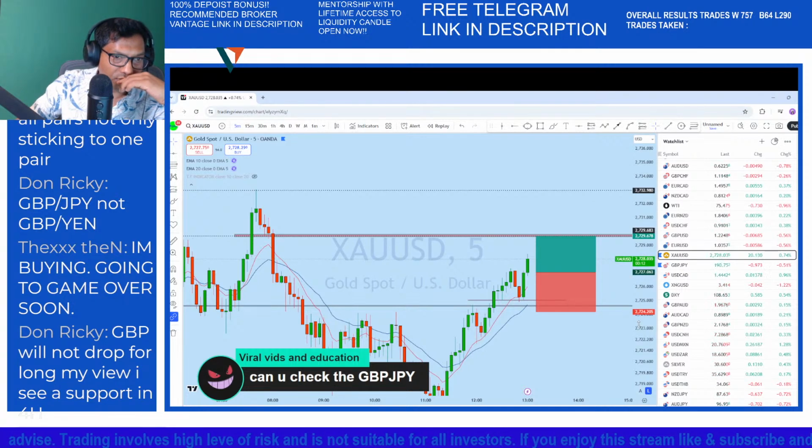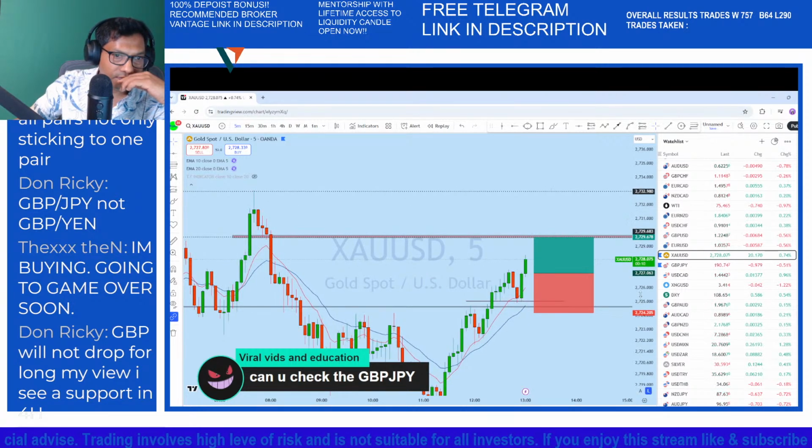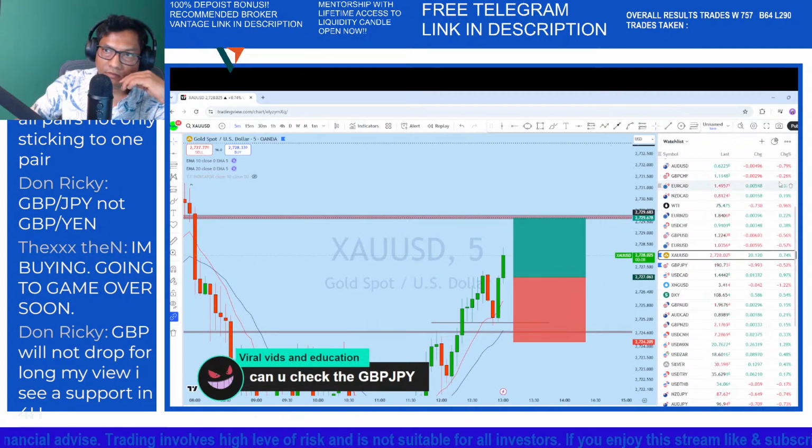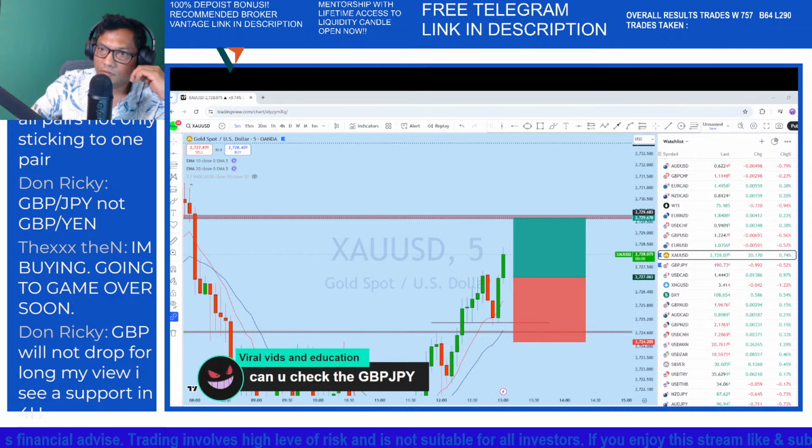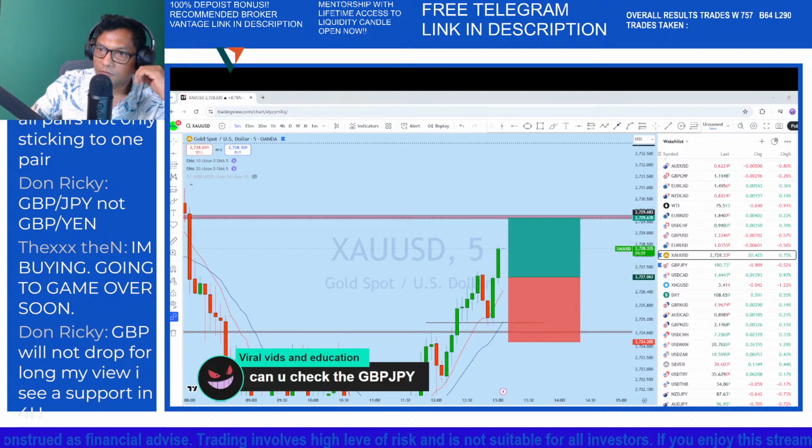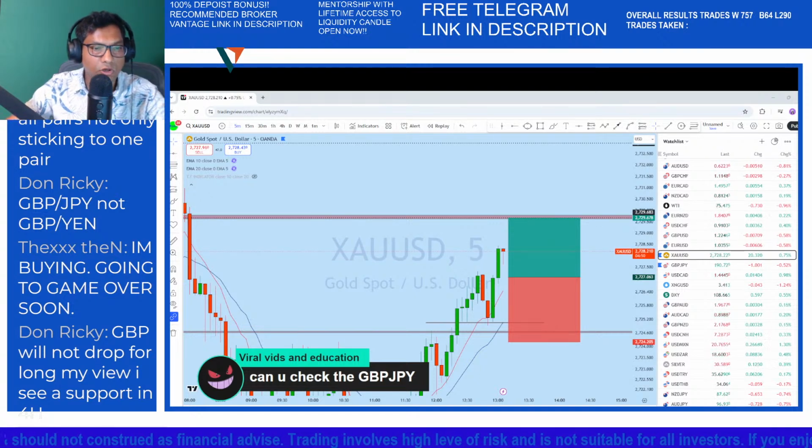Wanting to see that bounce to the resistance line. Still bullish.